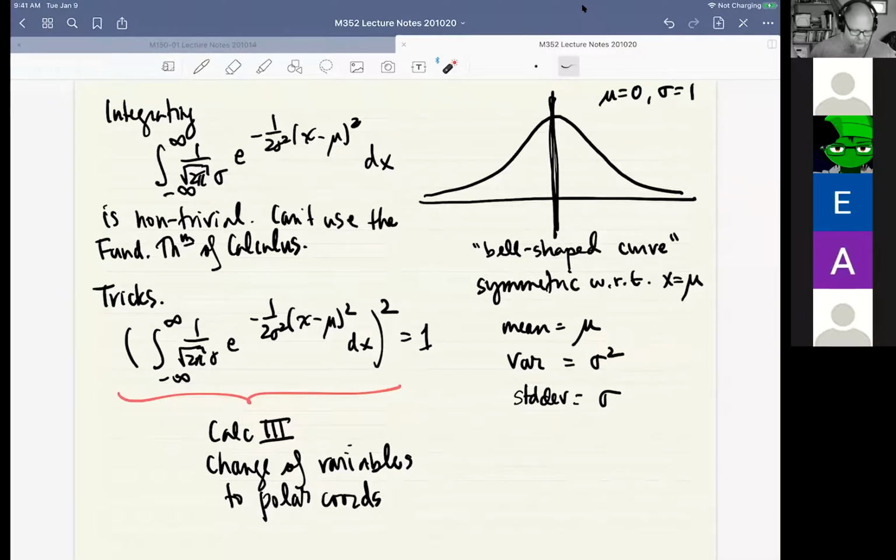So when somebody tells you I've got a random variable that's distributed normally with parameters 4 and 1/2, well, you know that 4 is going to be the mean and that 1/2 is going to be the standard deviation. And usually they should write something like this: mu equals 4 and sigma equals 1/2.